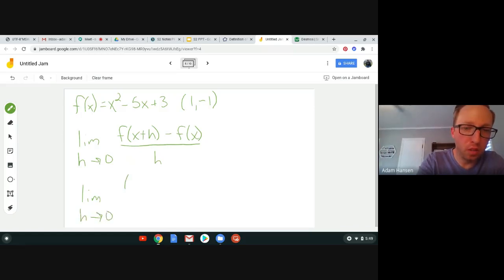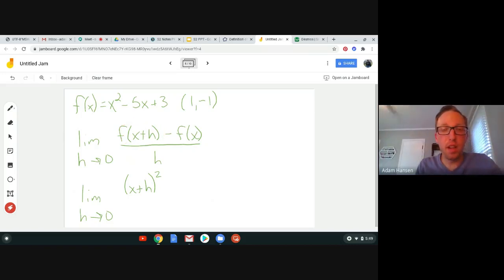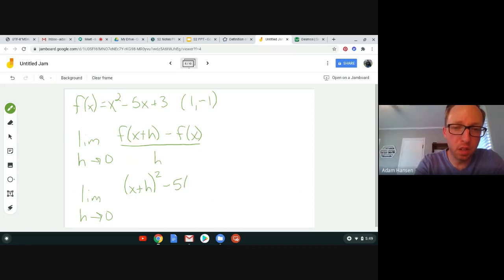Well, x squared would be x plus h squared. I need to simplify using function notation and write out what f of x plus h is. So for every x, we're going to substitute in x plus h. So next, we're going to have minus 5x, or minus 5 times x plus h. Don't forget to bring down the next plus 3. That takes care of this.